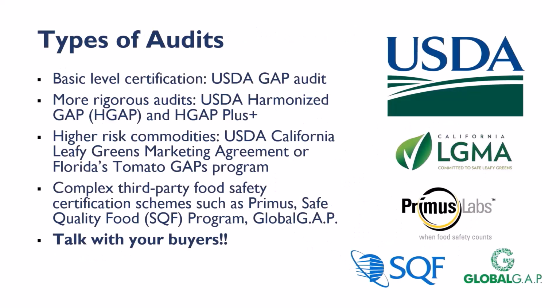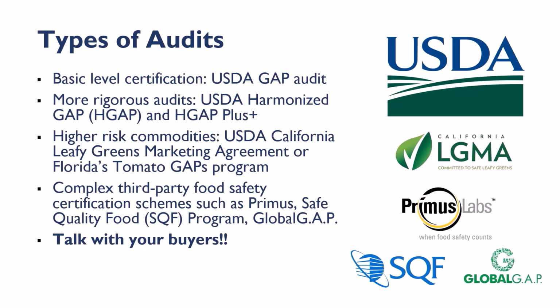For some markets where audit requirements are less rigorous, obtaining a basic level certification like the U.S. Department of Agriculture GAP audit is an acceptable option. In contrast, in markets that have stiffer requirements, like wholesale or institutional markets, audits like the USDA Harmonized GAP or HGAP and HGAP Plus can suffice.